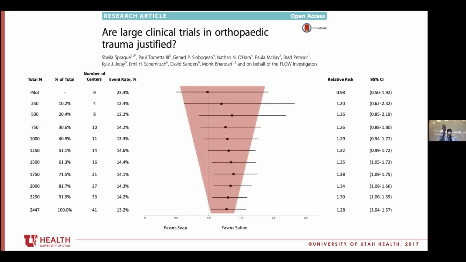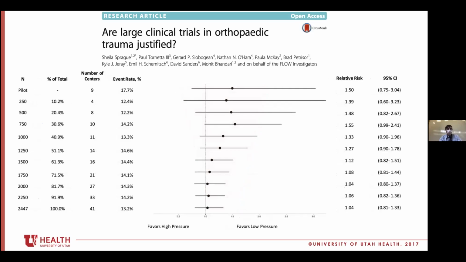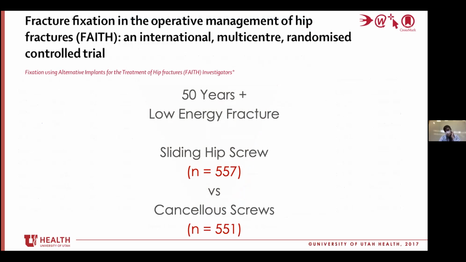And it takes us about 1,500 patients to where we come to the correct conclusion that saline is actually better. And then again here, we determined there was no difference between the pressures used to irrigate the wounds, but you do see again the confidence interval shrinking as we really dial in on what the truth of the study is.